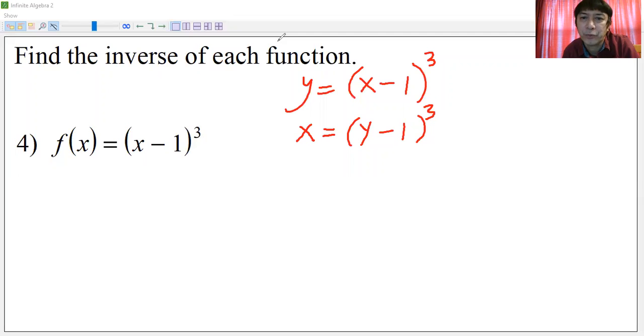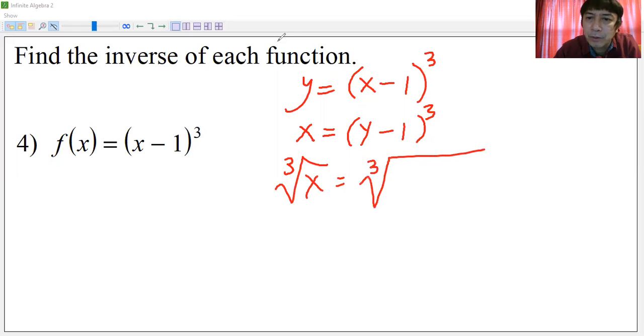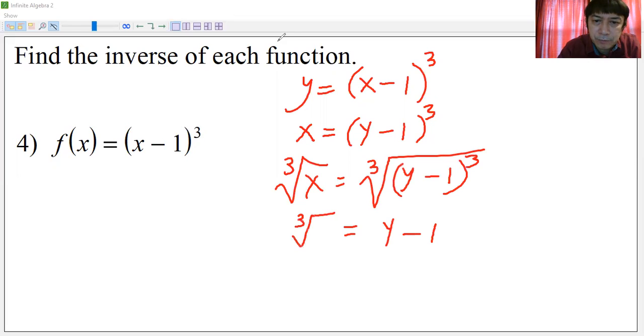So this time we're going to have the cube root of x, and this is the cube root of this quantity raised to 3. Again, the raised to 3 and the cube root cancel each other. And so the right side will just become y minus 1, and the left side is the cube root of x.